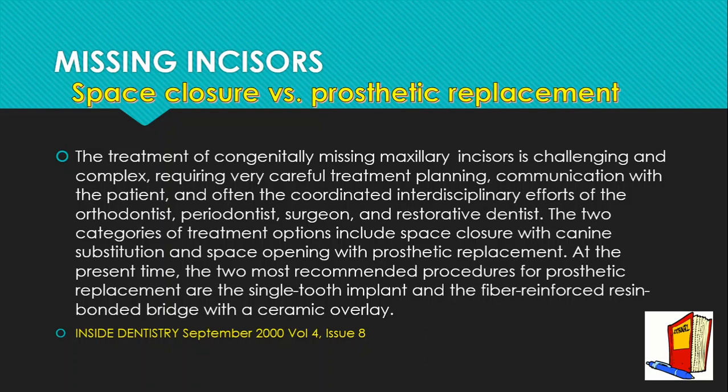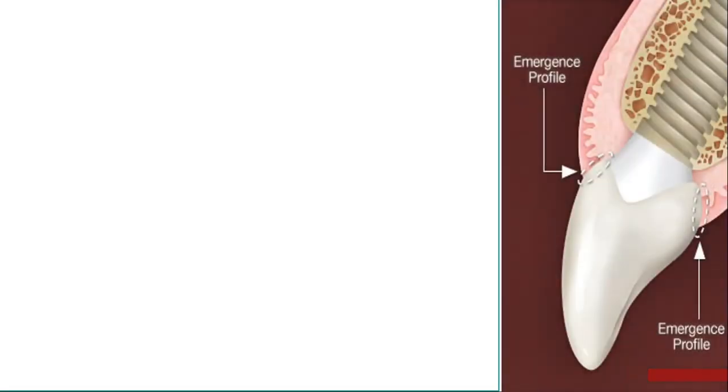We go to what we call the basic prosthodontic principles. And what I would like to share with you is the concept of the emergence profile. This is the concept that will help us decide which would be better, because no two cases are the same.